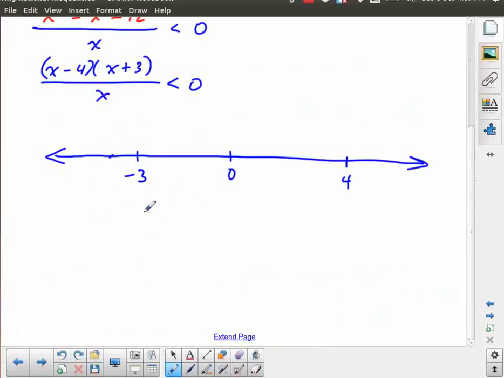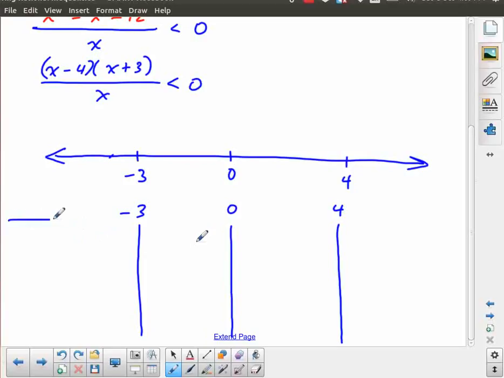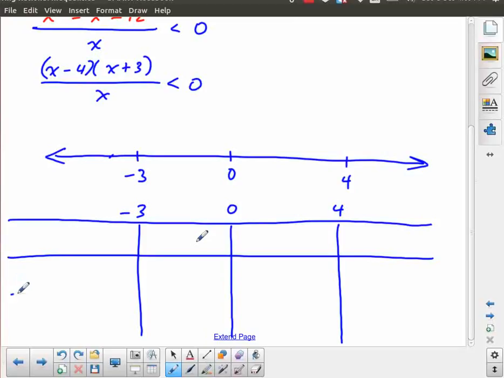So we're going to use this same idea. I'm going to put a vertical line for each of the values. So there's -3, there's 0, there's 4. And then along the side here, I'm going to break it up into a chart.